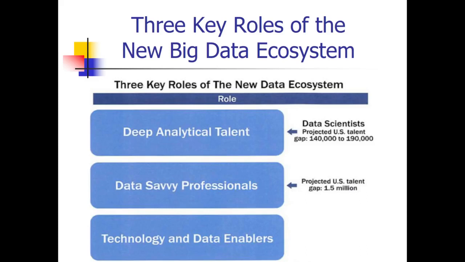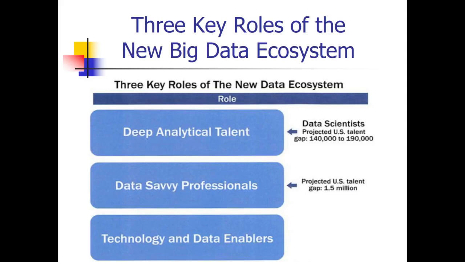So data scientists come under the category of deep analytical talent. This is the actual gap in terms of analysts or scientists in the US: 140,000 to 190,000 people are required for data scientist jobs in the US as per the statistics.